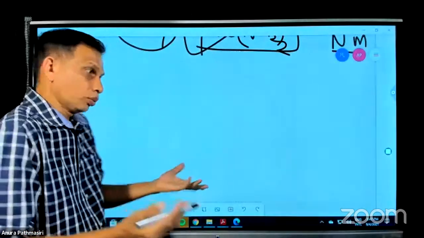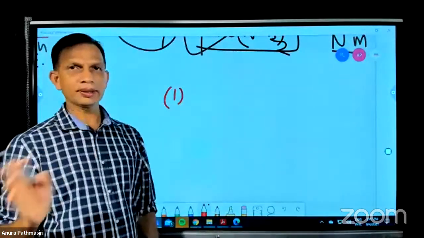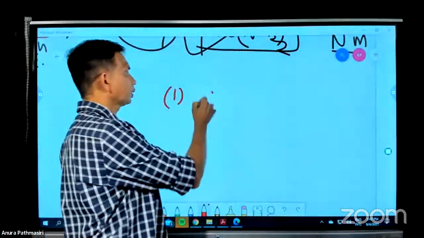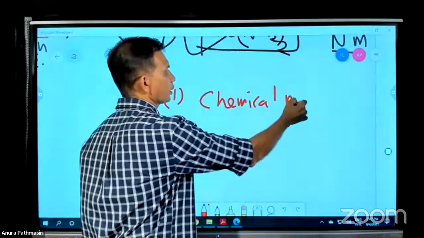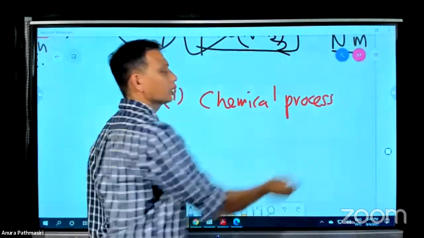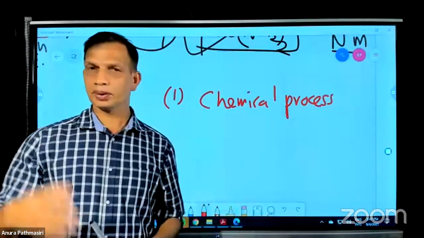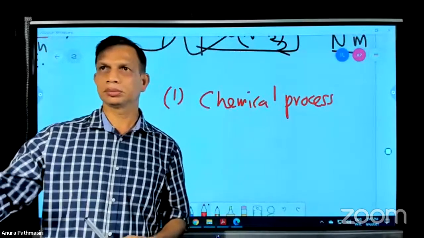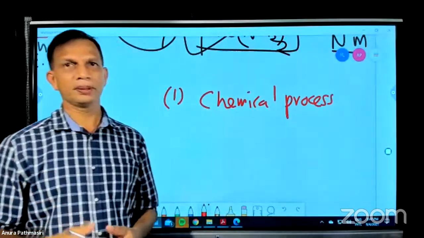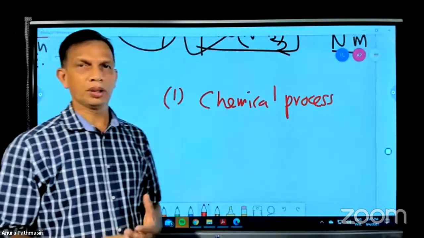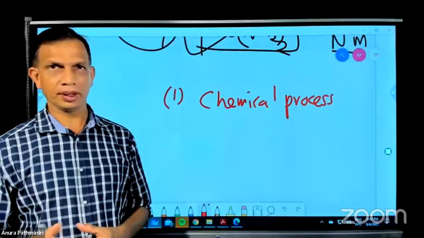Number one, electricity can be generated by a chemical process, which we are going to study from the next lesson on Saturday from 1 to 5 p.m., if we don't take the 1.5 to 2 hour period for the paper discussion.